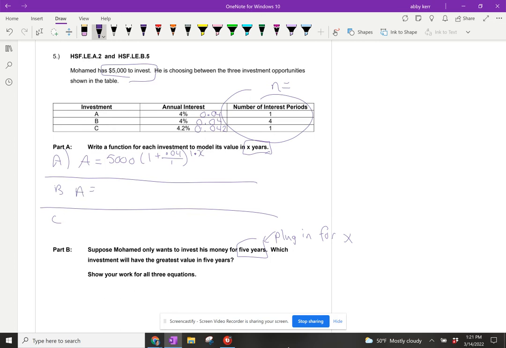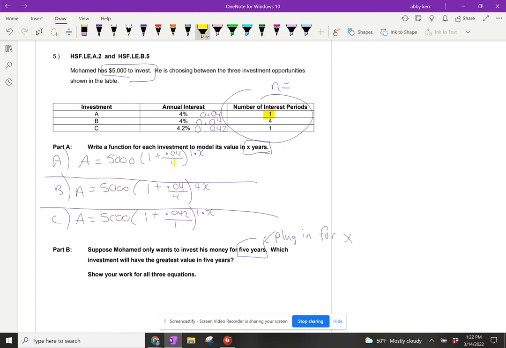So now for this one, we have the 5,000 and then the 1 plus 0.04, 4 periods. And then the only difference here is the rate. It's slightly more. And then the interest period is 1.